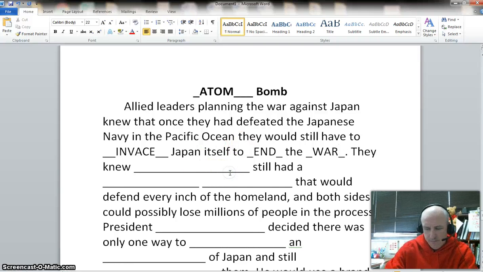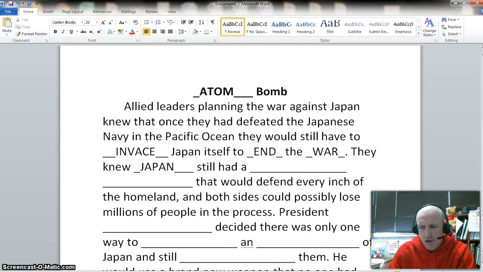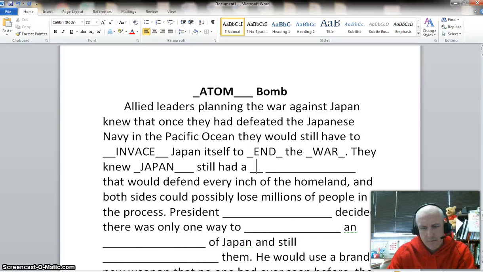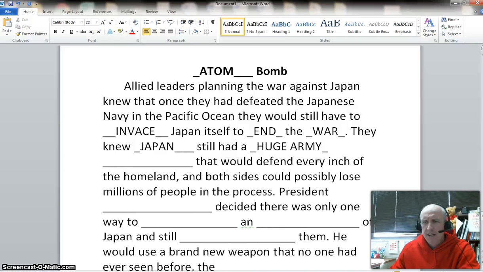They knew Japan still had a huge army that would defend every inch of the homeland. Both sides could possibly lose millions of people in the process.